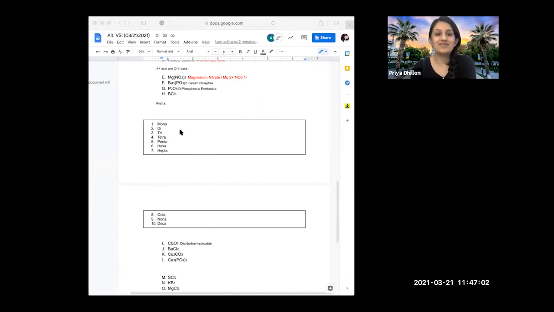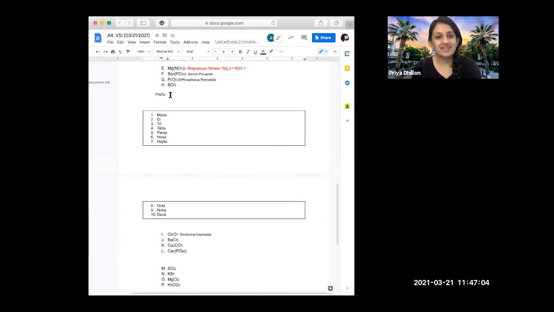Covalent, good job. Yes, so I'll write it right here for you guys to make that distinction. Whenever you're working with covalent compounds, you will be using the prefixes. When you're working with ionic, you will look at the charges and then do the mix and match thing.